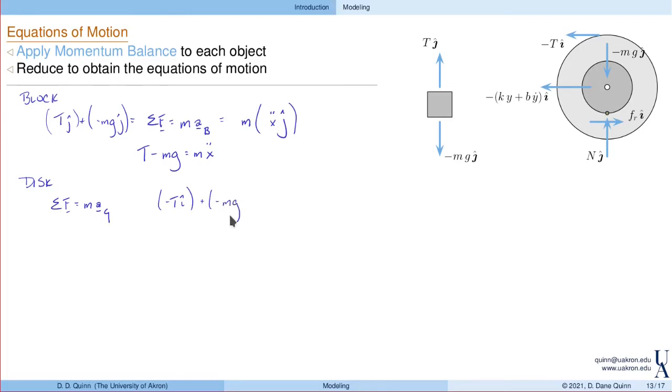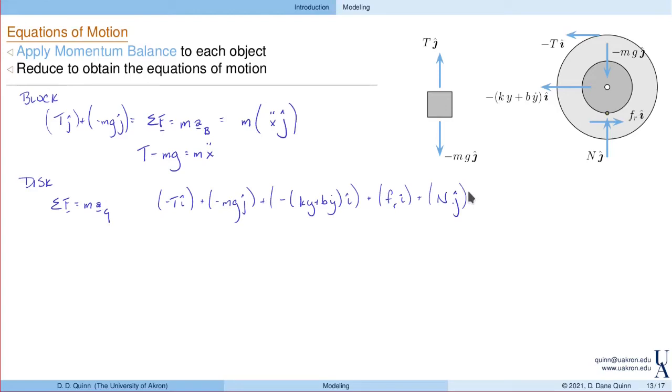Let's do the weight next, minus mg in the J direction. We'll throw in the force due to the spring and damper, ky and b y dot in the I direction. The friction force, that's there. And finally, the normal force.